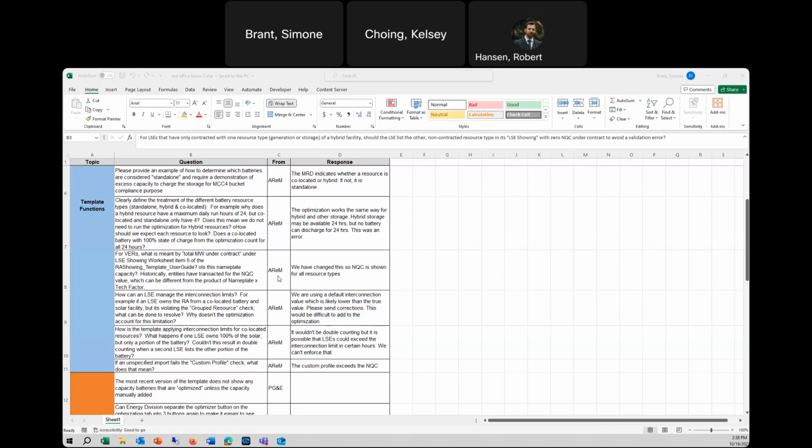I mean, in terms of the entire portfolio, like if I look at the hourly availability chart or the LSE showing complete tab, because with the optimization, I might have a portfolio that is sufficient, but it may also be surplus, but it's unclear how to determine that surplus.